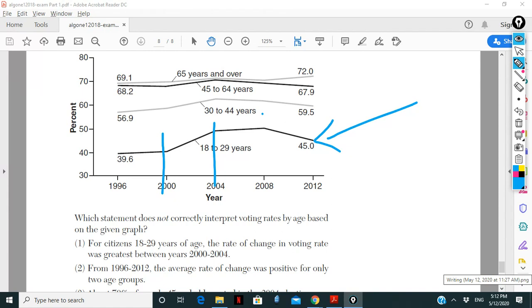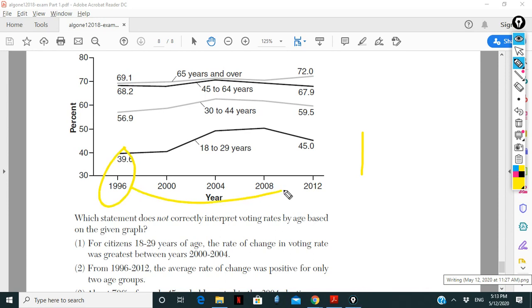So the rate of change was the greatest between 2000 to 2004. Maybe that's good. We can get credit, but let's take the other possible answers. Now, from 1996 to 2012, the average rate was positive for only two groups.